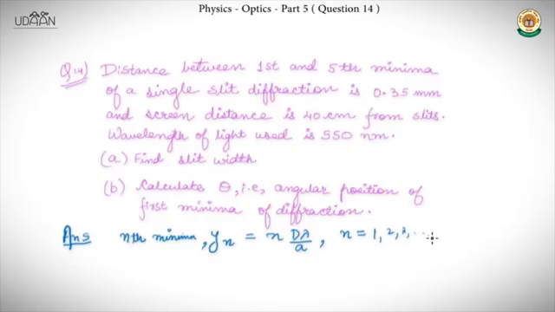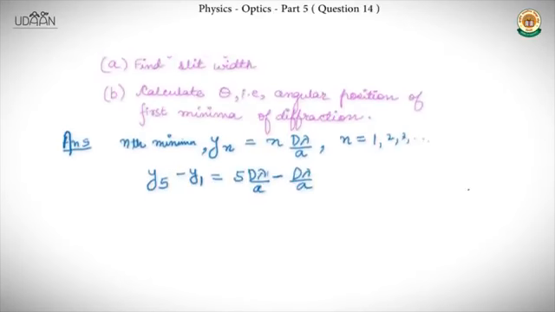So basically from the question, y5 and y1 are given, that is, the distance between the first and fifth minima is given. So the distance between the fifth and the first minima will be y5 minus y1, which will be equal to 5D lambda by a minus D lambda by a.